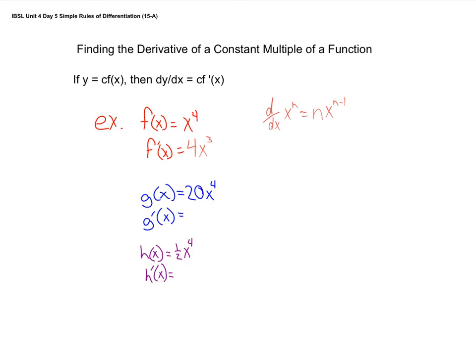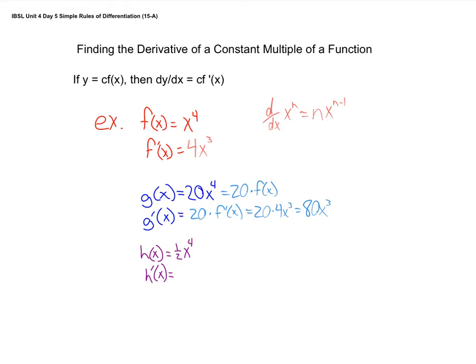So, if I have some other function that is 20 times x to the fourth, since this is just 20 times that original f of x, I could find this by simply taking 20 times the derivative of that original function, that x to the fourth that we saw above. Well, I know that that's 4x cubed, so it's 20 times 4x cubed, which gives me 80x cubed.